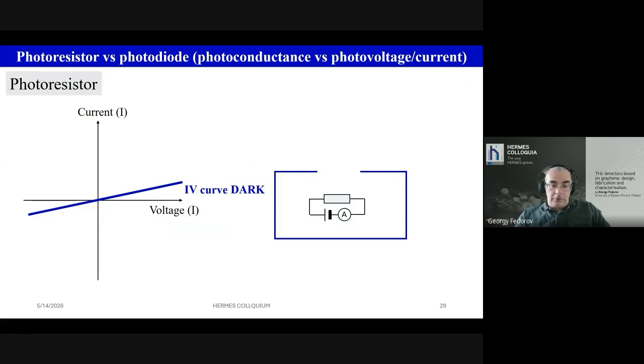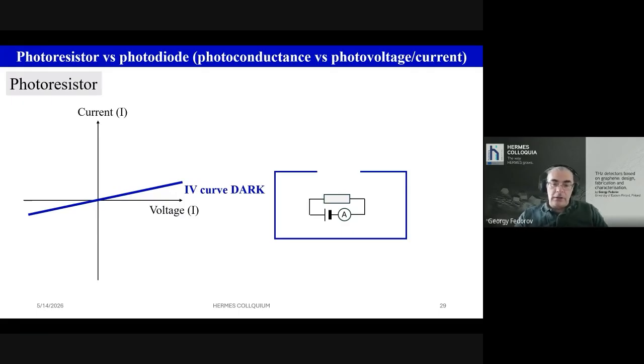So what is a photoresistor or photoconductor? You have an object through which you feed some current, and this current depends on the applied voltage. And you have Ohm's law to describe this dependence. Sometimes Ohm's law works for the object we work with.